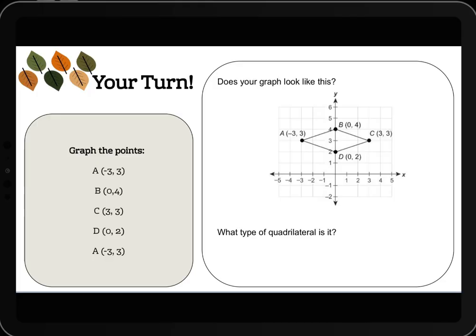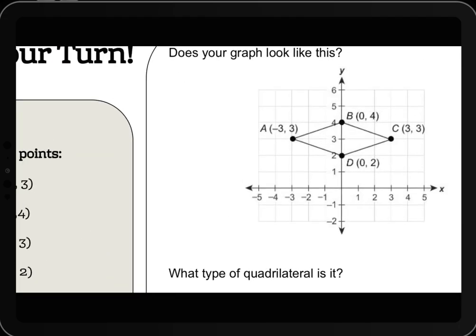So what we really want to do is figure out what type of properties it actually has to classify that quadrilateral. So when we look at the figure right there, we can see that if you look at the slopes, first and foremost, it goes up 1 and then it goes over 3.